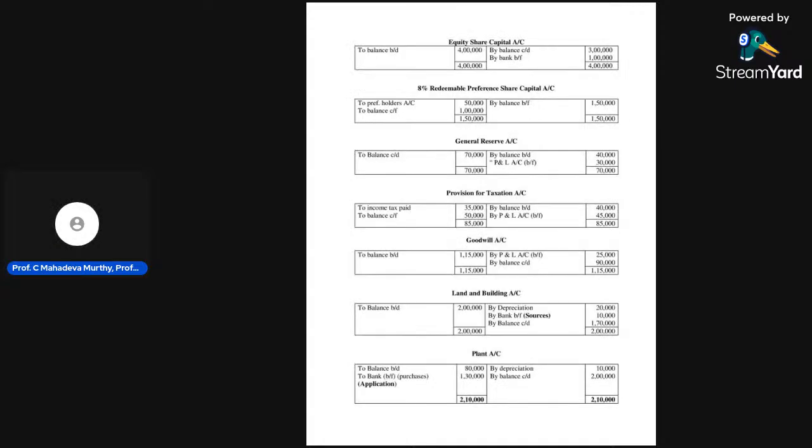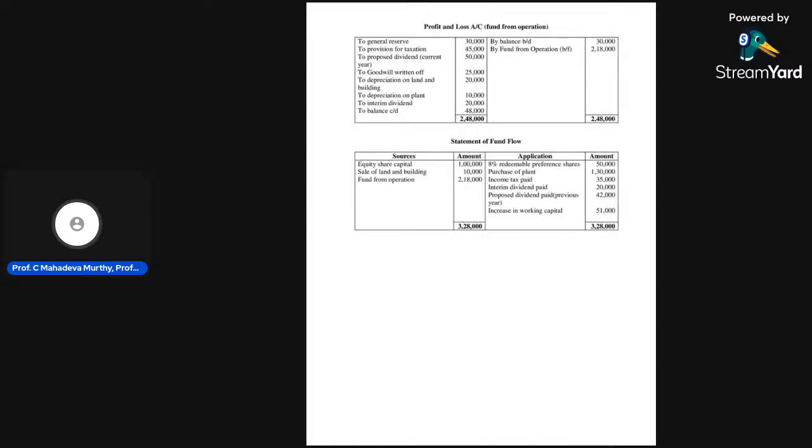Then application: what are the funds that go out from the organization. Sources are funds coming into the organization. Then fund flow from operations, that is from the appropriation account, 2,18,000. Then 8% redeemable preference shares, see the accounts, 50,000, preference shareholders 50,000.